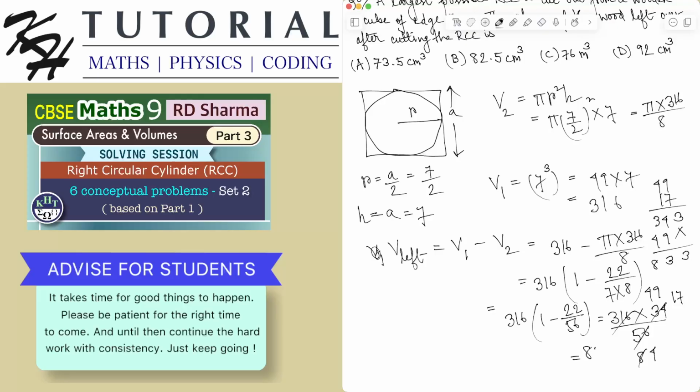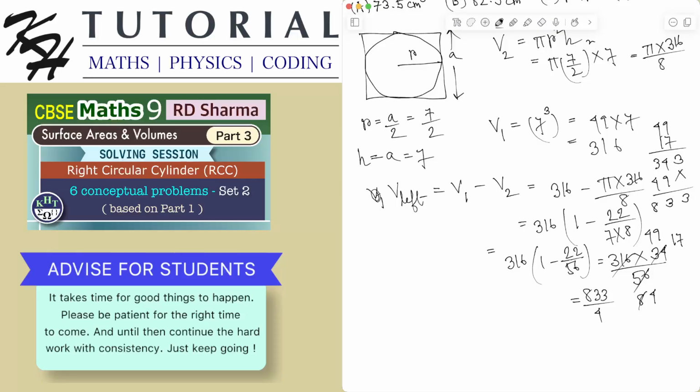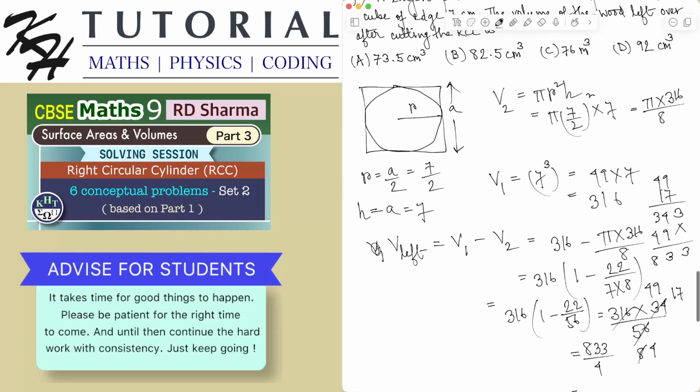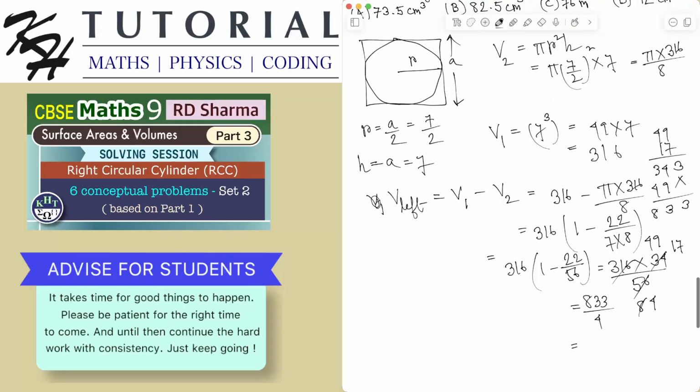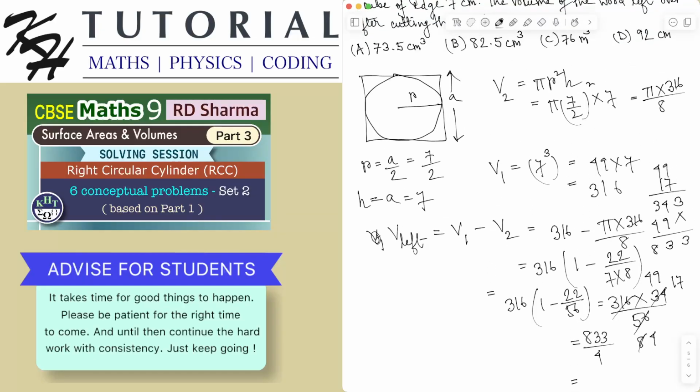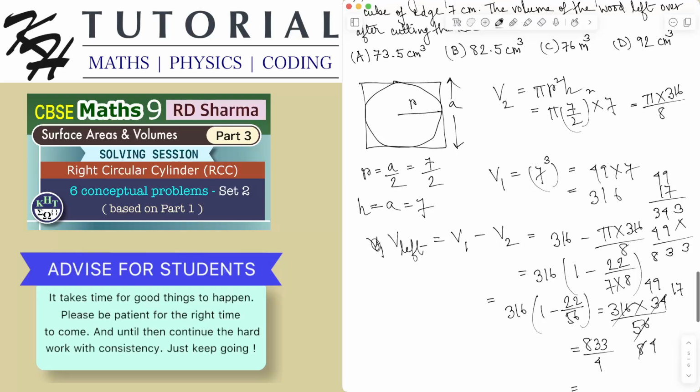So this is 833 by 4 centimeter cube. Now how much is 833 by 4?